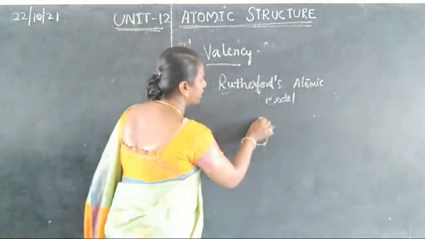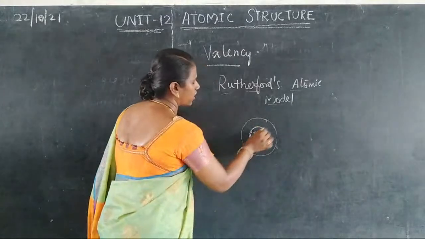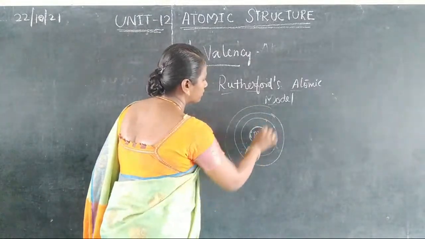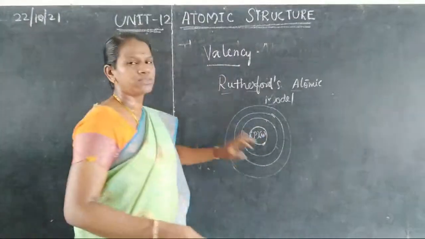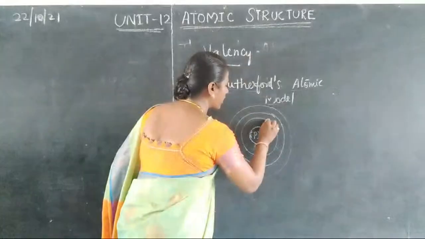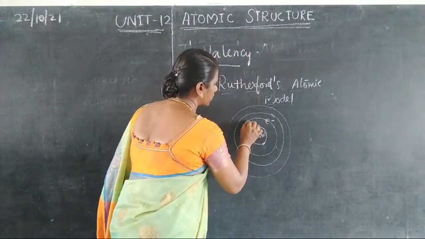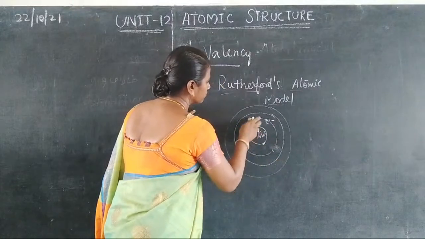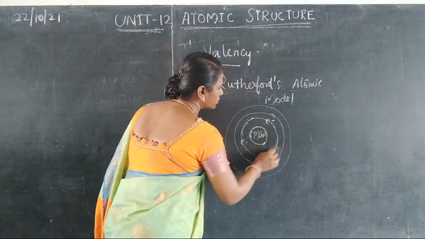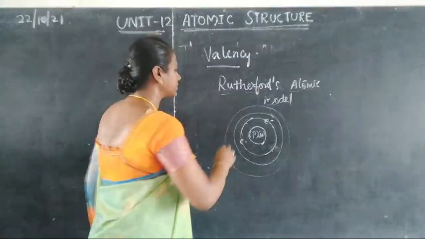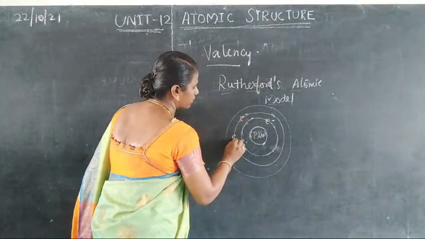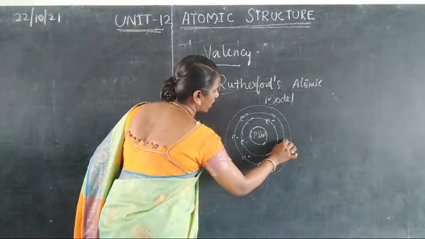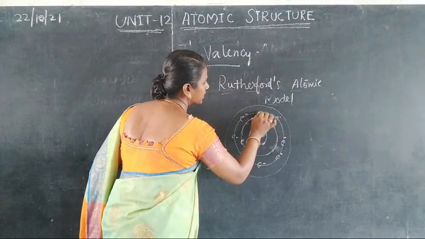And where are the electrons? The electrons are revolving around the nucleus in a circular path.